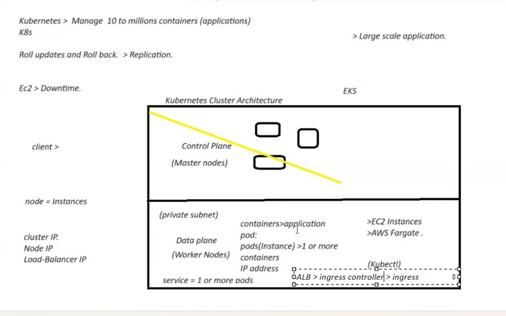Your request first reaches the application load balancer, then it reaches the ingress inside your private subnet of your data plane. Then only can it reach your application. First it reaches the service, then the pods, then the container, then the application, and then you get the response.